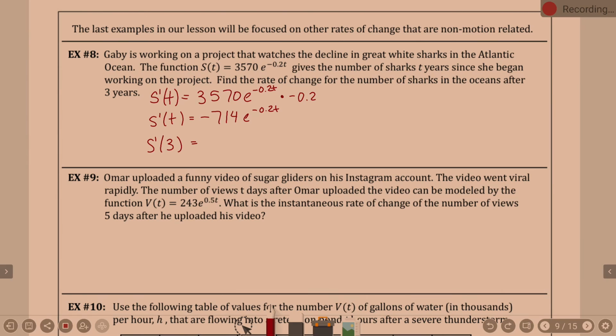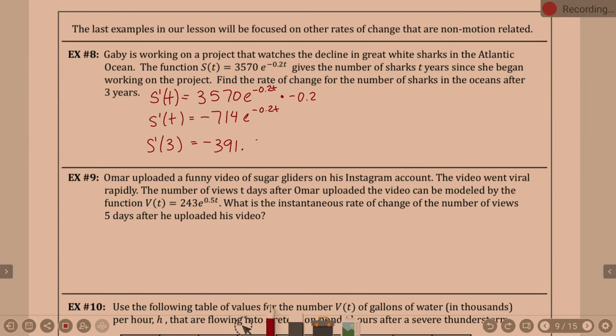I got negative 13,000, which is definitely wrong. You probably didn't put a negative on the exponent. That makes a big difference. There we go, negative 391.85.